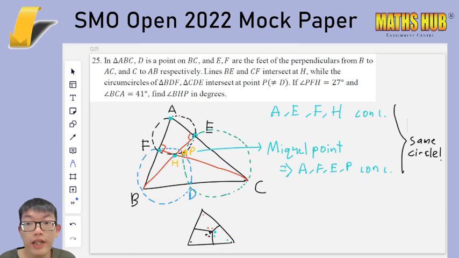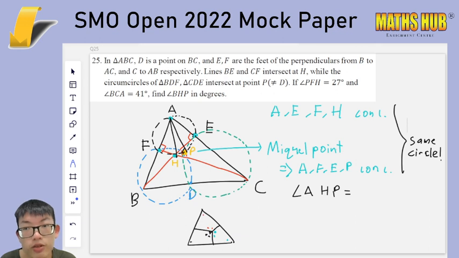If we wanted angle AHP, we can do that because angle APH is also going to be 90 degrees. So AHP is 90 minus HAP, which is 90 minus 27.